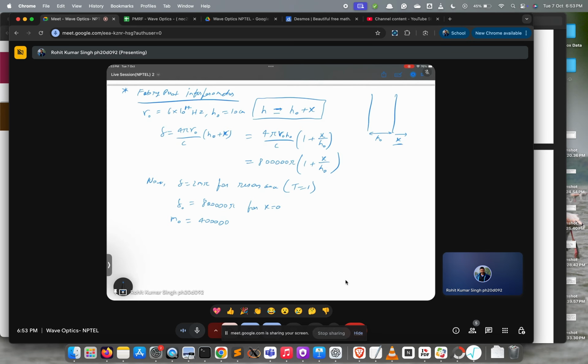This we have calculated. Now when we start increasing this x, this distance, the resonance condition will be gone, right? Because your phase difference depends on x here. So the resonance condition will not be valid, but it can again be valid at some other distance. When you move the plate to some other distance, then what is that distance? So how to calculate that distance? Any idea?